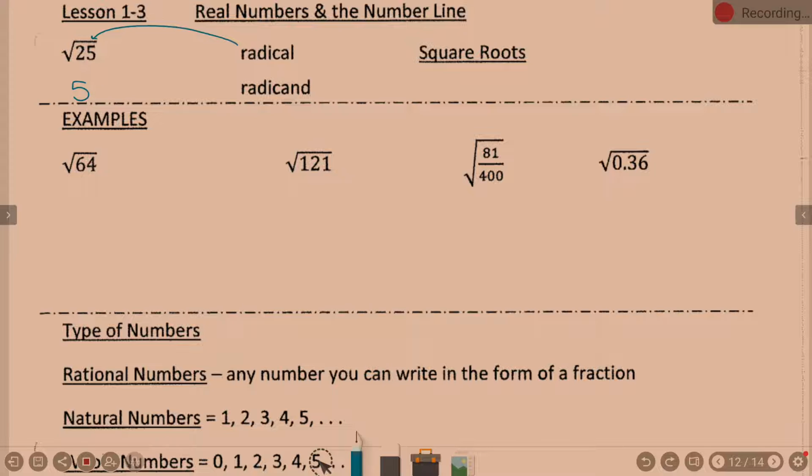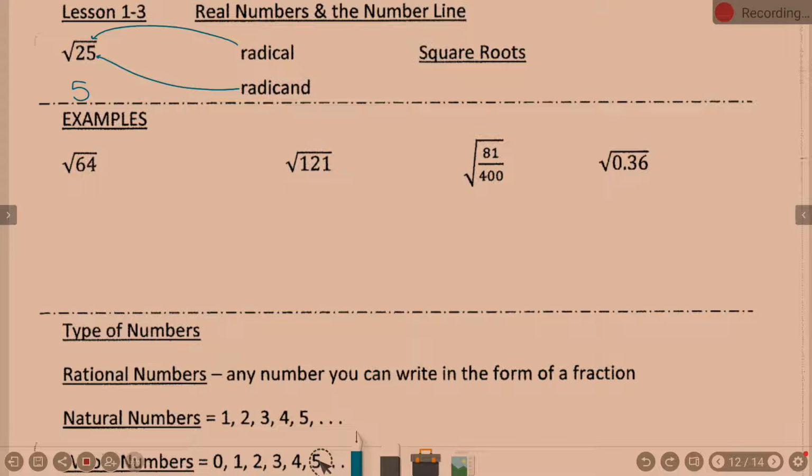The radicand refers to the number under the square root. The number under the square root there is 25. That's the radicand. If you don't figure it out, there are square root buttons on the calculator that can help you also. So the number 25, or whatever number is under the square root symbol, is your radicand.